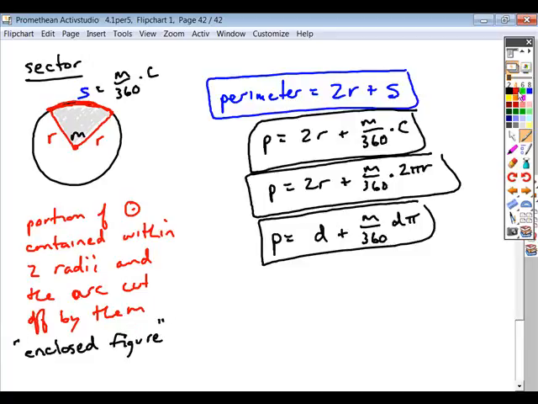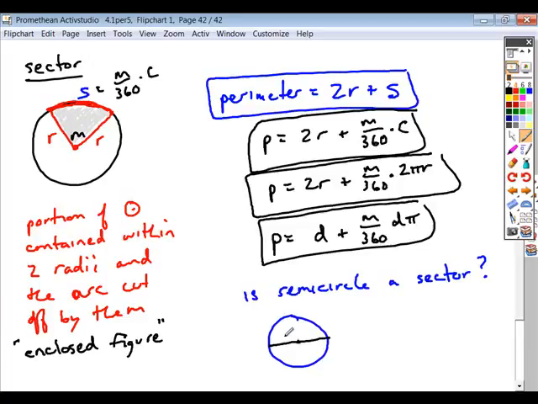And so, would a semicircle be considered a sector? Can you take 2 radii of a circle and the arc cut off by them and create a semicircle?